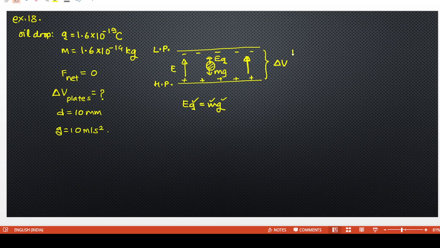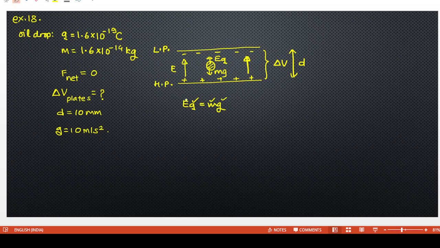They have given us the separation between the plates. What is that separation? Small d, 10 millimeter. Now we will assume that the electric field in this region is uniform, means at all the points it has same magnitude and same direction.